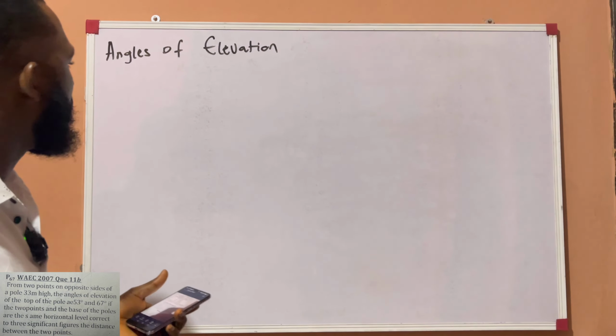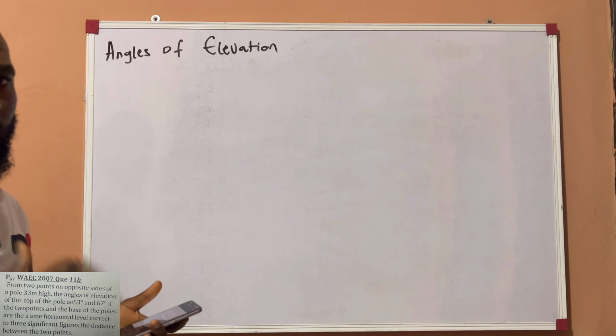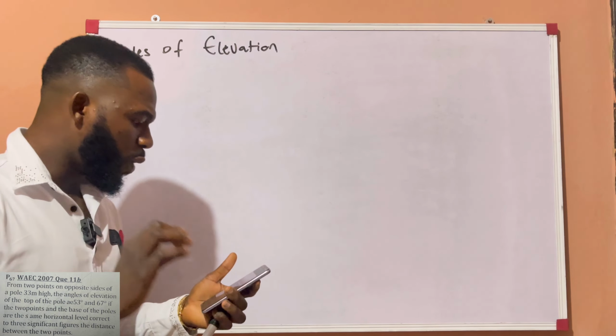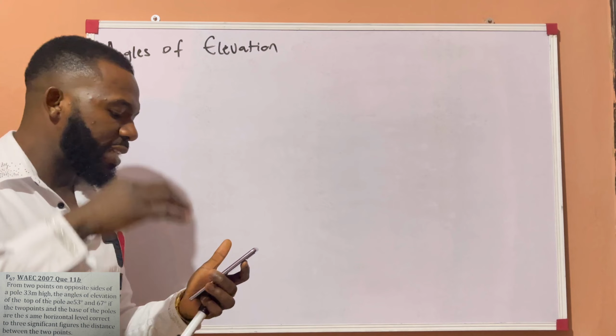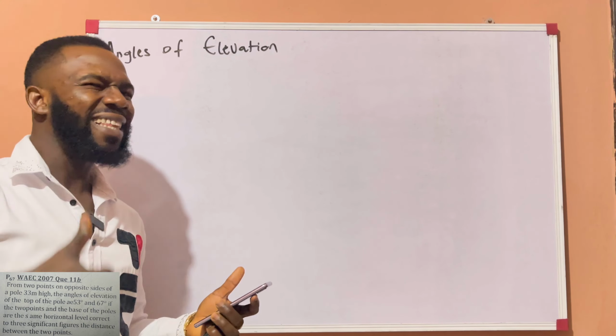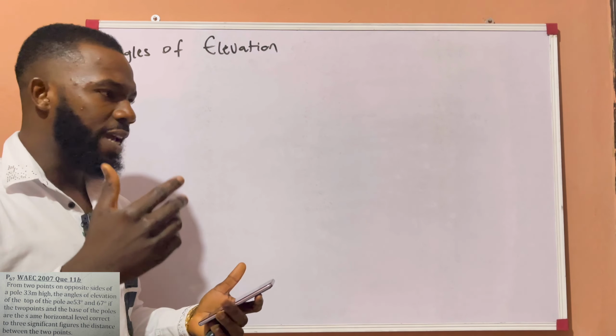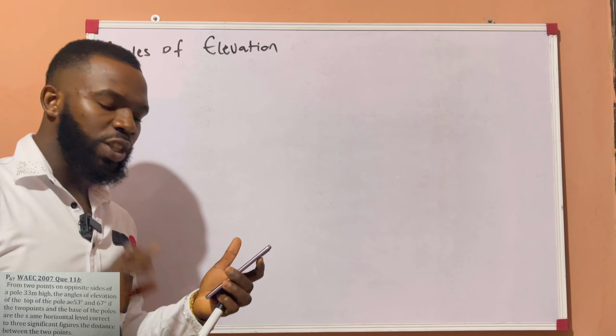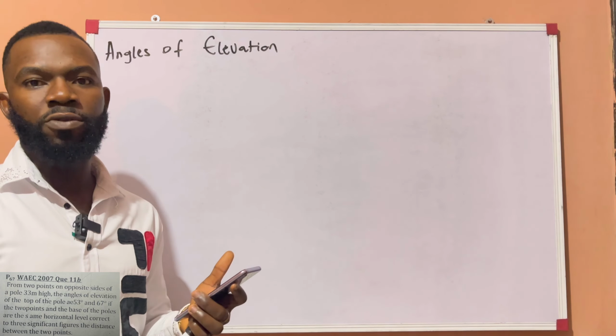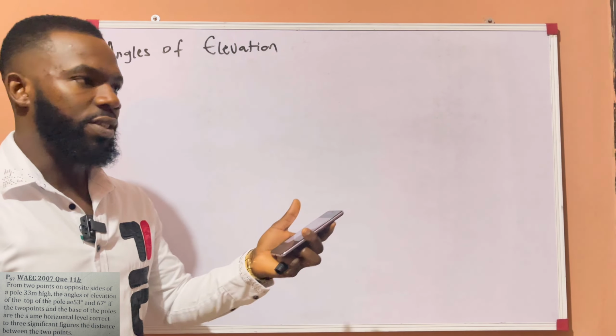Now here we were told that the question we are about to solve is an angle of elevation question. Then we were told that on opposite sides of a pole, which was 33 meters long, which is the height, the angles of elevation were 53 degrees and 67 degrees respectively. Now let's see this.